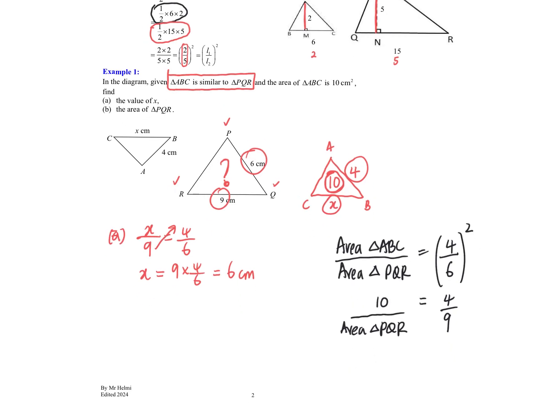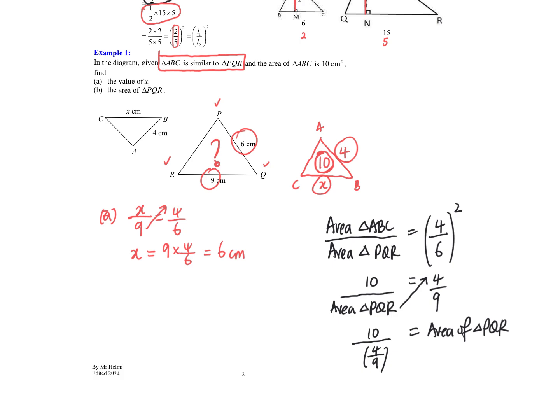So what I need to do is to cross multiply. Bring the whole thing down to divide. Correct. Any pair, because the ratio should be the same. So what do you get? 22.5 cm squared.